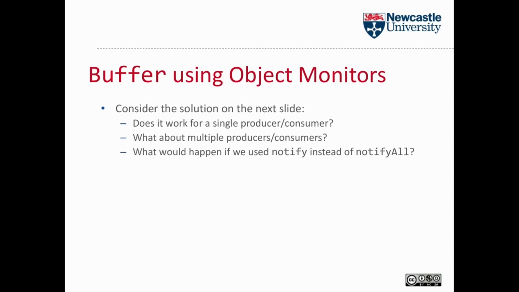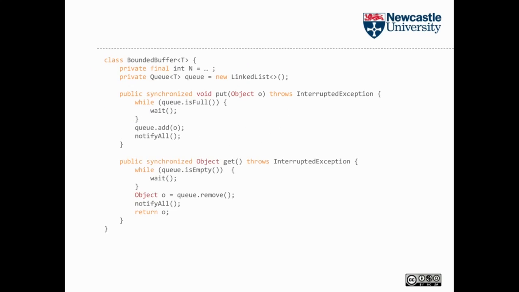You have one producer and another consumer that might get the data, and then we're going to discuss if that works for multiple producers or multiple consumers too. And then we'll also need to discuss what would happen if we use notify instead of notify all. Those are the questions that they're trying to answer. And this is actually the code, which also shows why this kind of old way to do stuff is quite clunky.